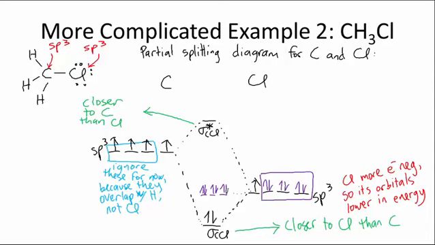They're not bonding. They're not antibonding. What do you think we call them? We call them non-bonding. Just a lowercase n. You can call them lowercase n Cl. N equals non-bonding.